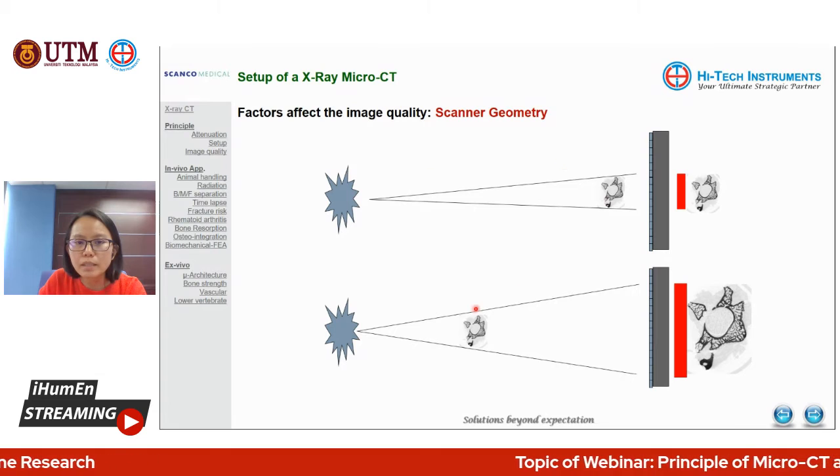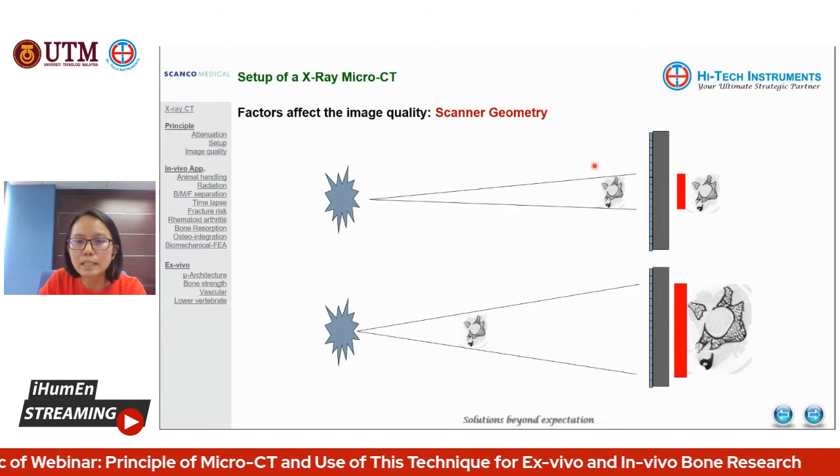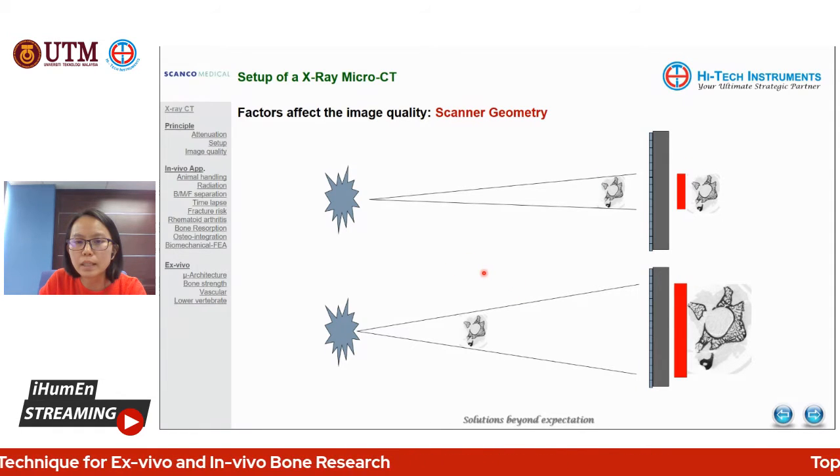With this sample, there is no magnification, it's a 1-to-1 ratio. Whereas for this sample, you can get about 3 to 4 times magnification.